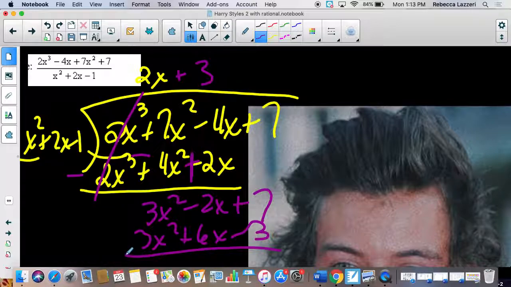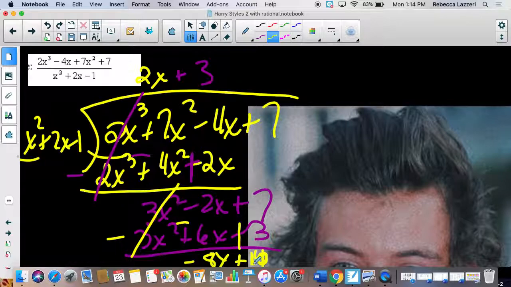This goes minus, minus, plus, cancel, negative 8x plus 4, 10, sorry. All right, so plus 10. I don't care what the remainder is, okay? You might care what the remainder is for a reason that I'm going to show you, okay?